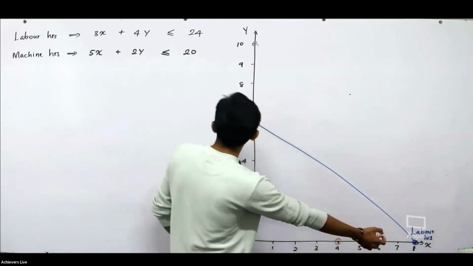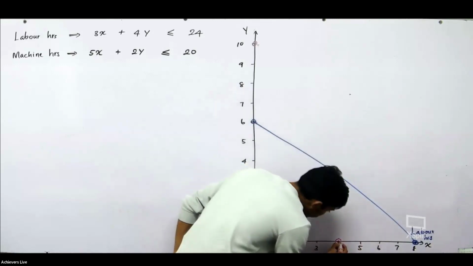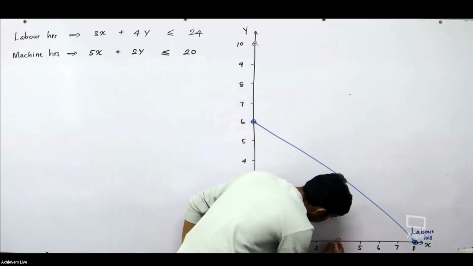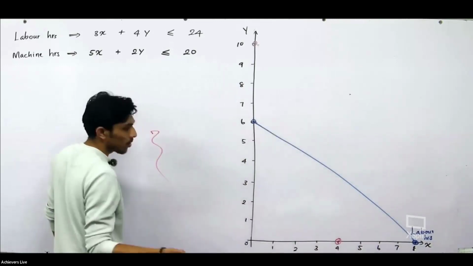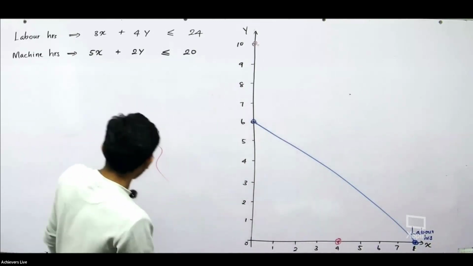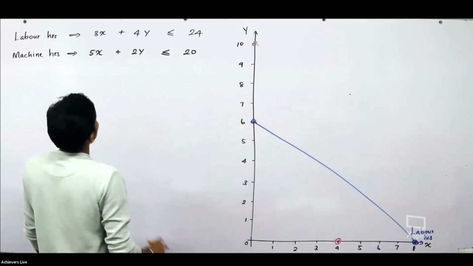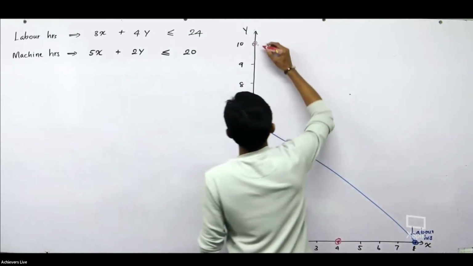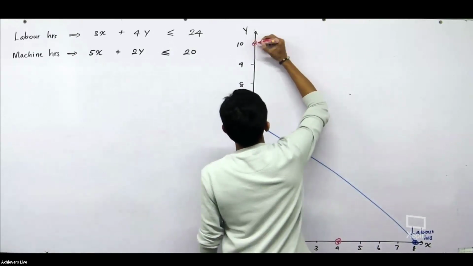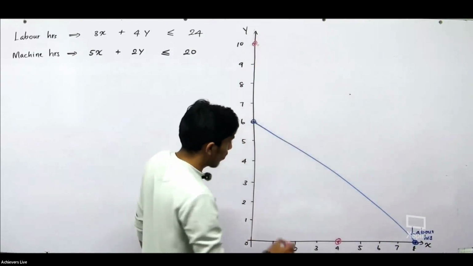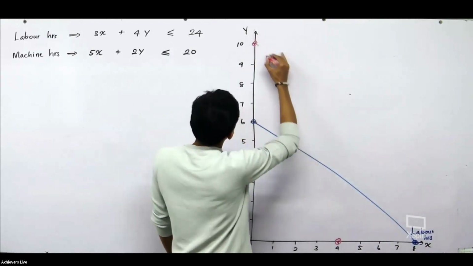Right. So if you are producing only X, how many units? 4 units. If you are producing only Y, how many units? 10 units. Correct? Right. So now you have to connect these two dots.